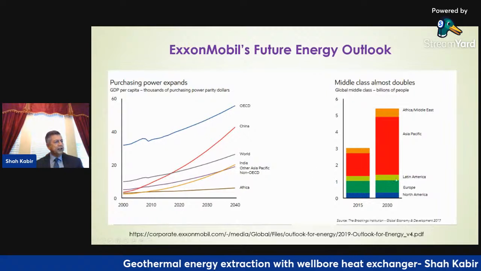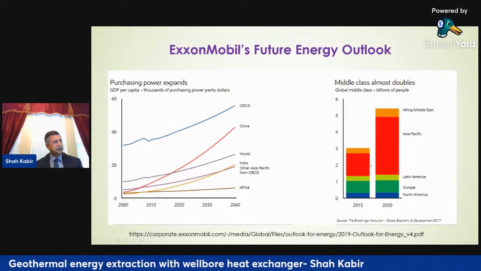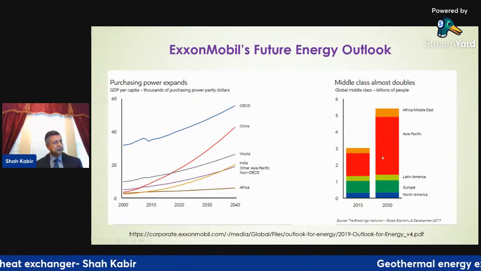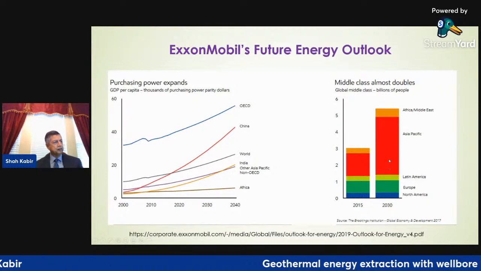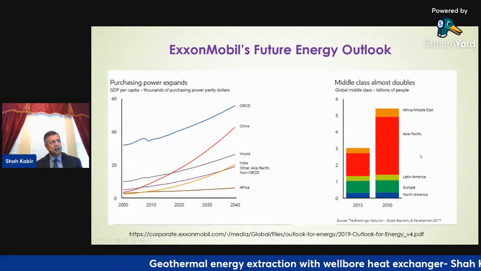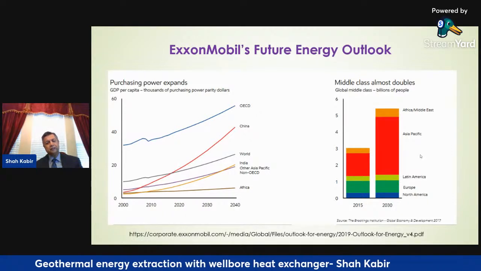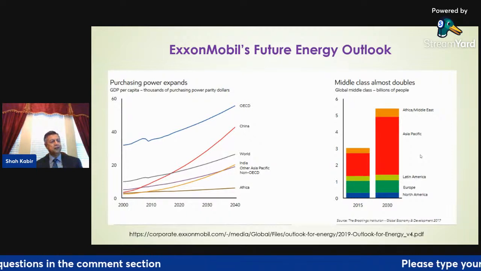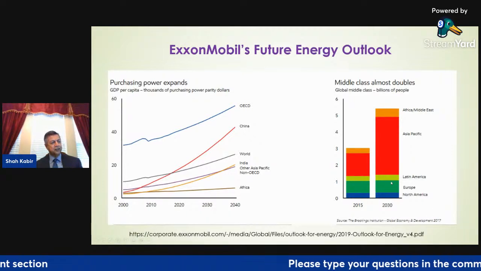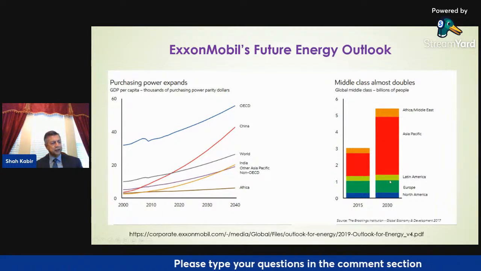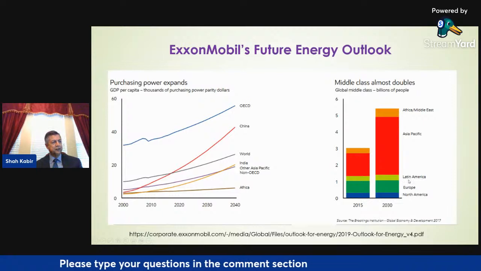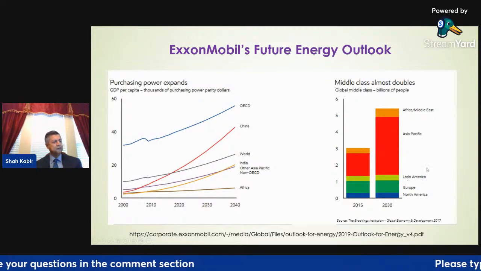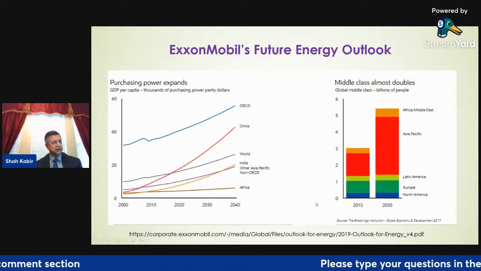If I can draw your attention to the figure on the right, in the Asia Pacific region we have a huge uptick in the middle class, and what that means is that when the quality of life improves, the energy consumption goes up. Whereas during this time domain, basically nothing happens in Europe, North America, or Latin America. So Asia Pacific appears to dominate this scenario.